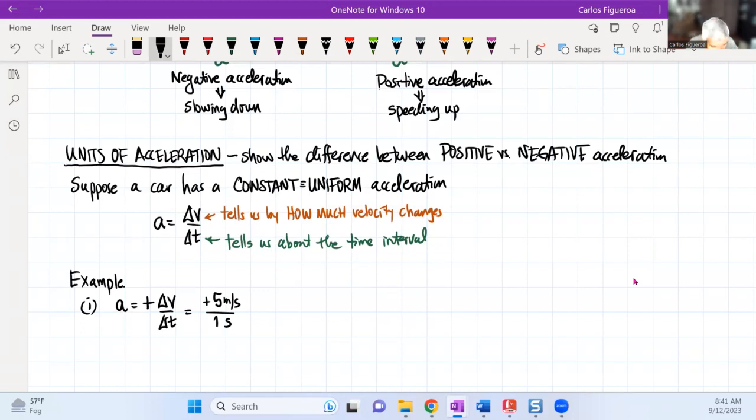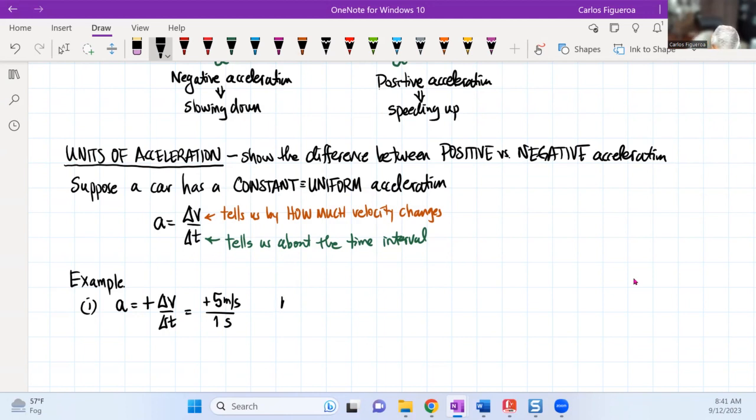And I'm going to say that this is the proper way to write acceleration. We'll get lazy and write it slightly differently in the future, but this is the proper way. And I'll show you something slightly different in a moment. So here we go. What does this mean?